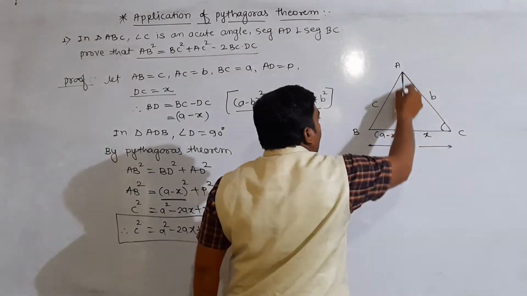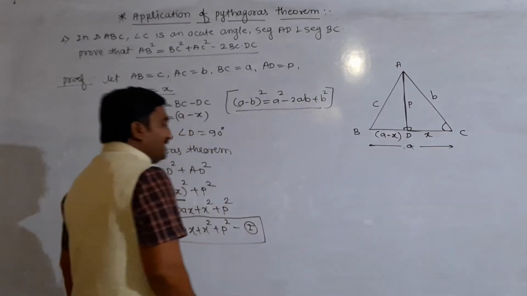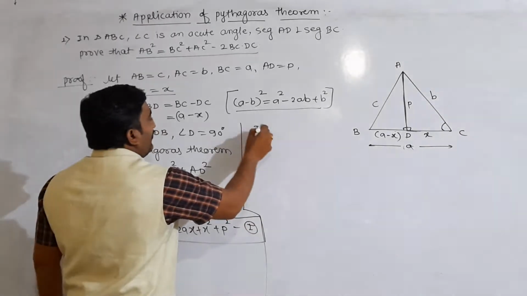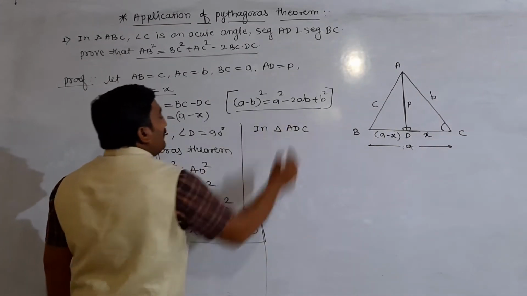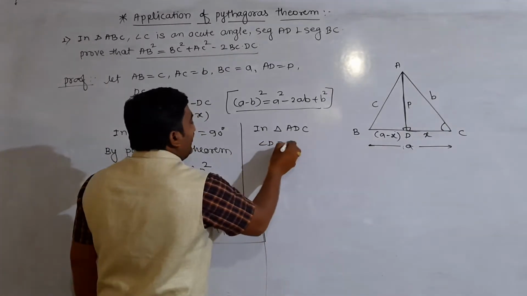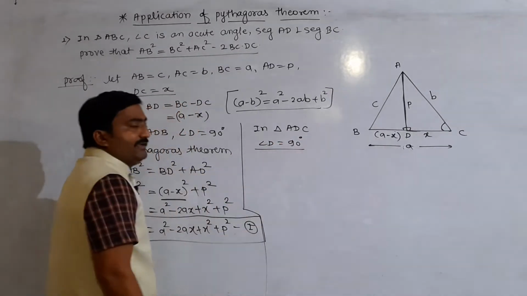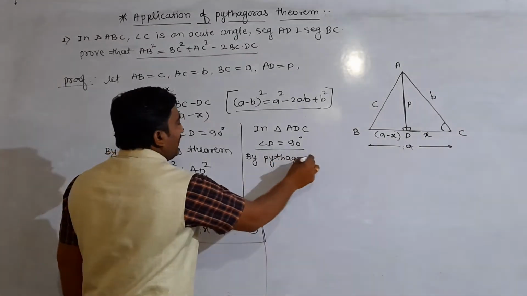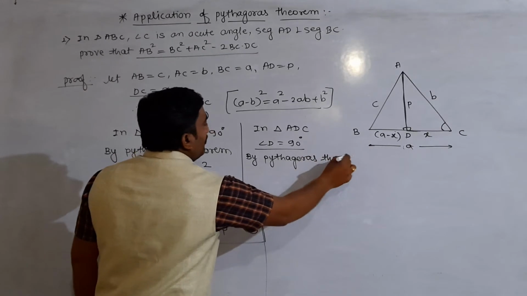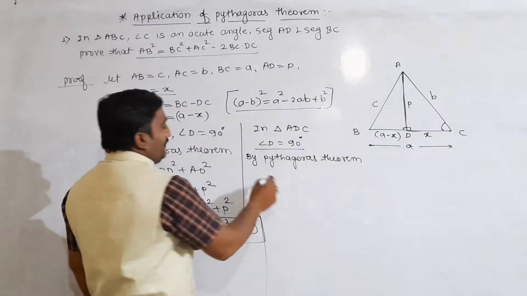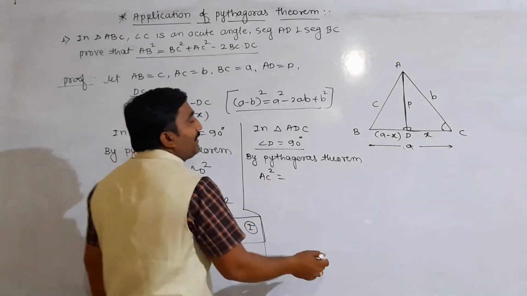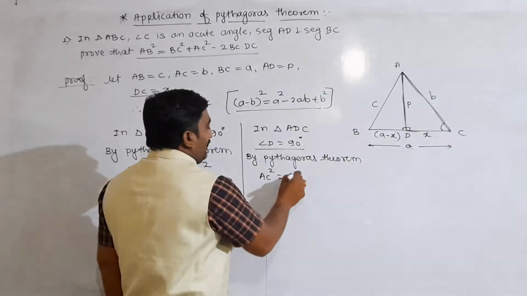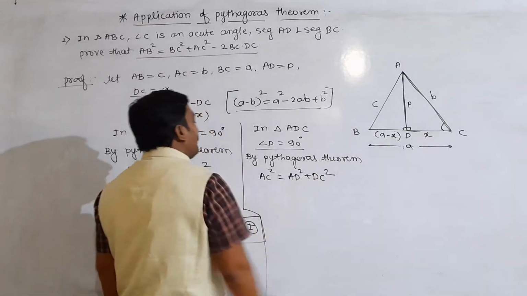Another triangle, another right angle triangle. In triangle ADC, angle D is 90 degrees. So by Pythagoras theorem, AC square is equal to, AC being the hypotenuse, AD square plus DC square.